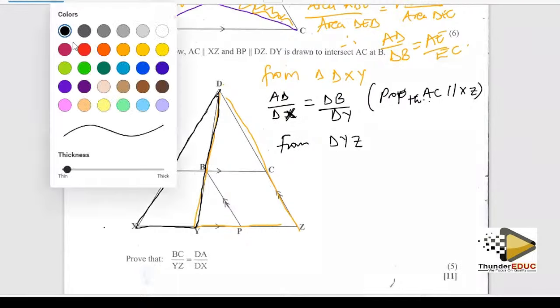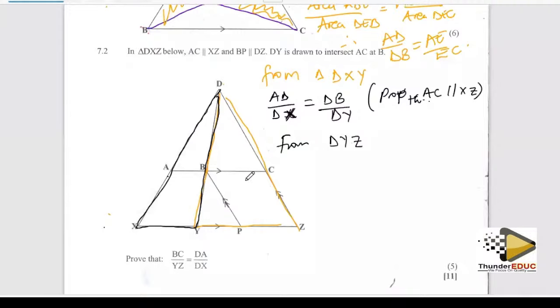So from that triangle DYZ, I can see that BY over my BD, does it make sense?